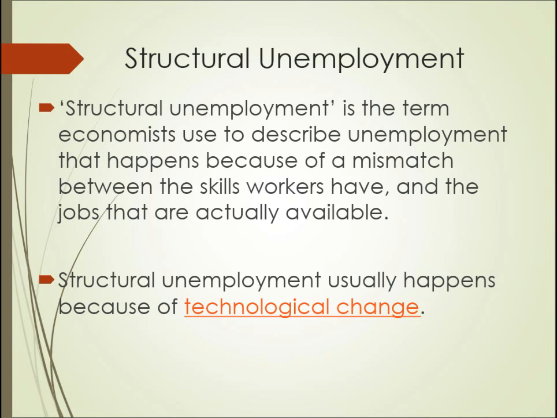Production units are using more technology and fewer laborers. Due to that technological or structural change, a group of people become unemployed because they are incapable of working in the new system, being unskilled for that system. So such unemployment is known as structural unemployment. It results from the structural change of an economy. If the economy is moving from labor intensive to capital intensive, there is a structural change, and if a group of people become unemployed due to it, that is structural unemployment.